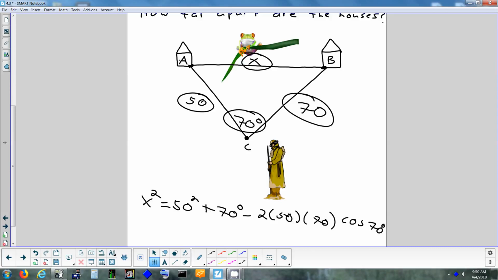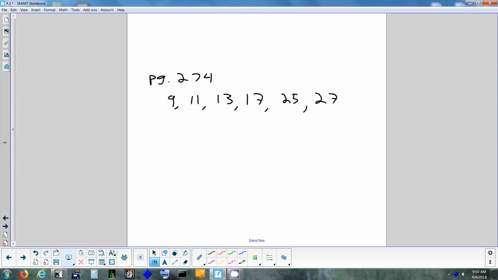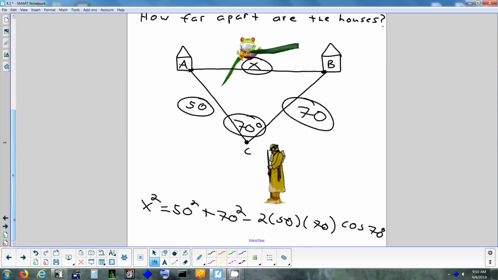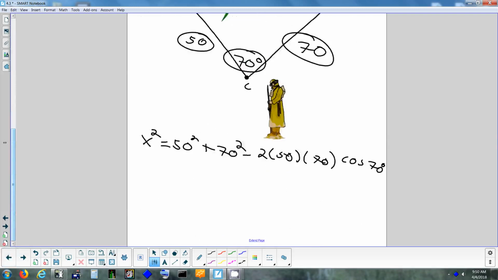So one side squared equals the sum of the other two squared, minus twice the other two, times the cosine of the angle across from what we started with. And now we just plug it in and see what it comes up to. Some of this we could do in our head. What's 50 squared?